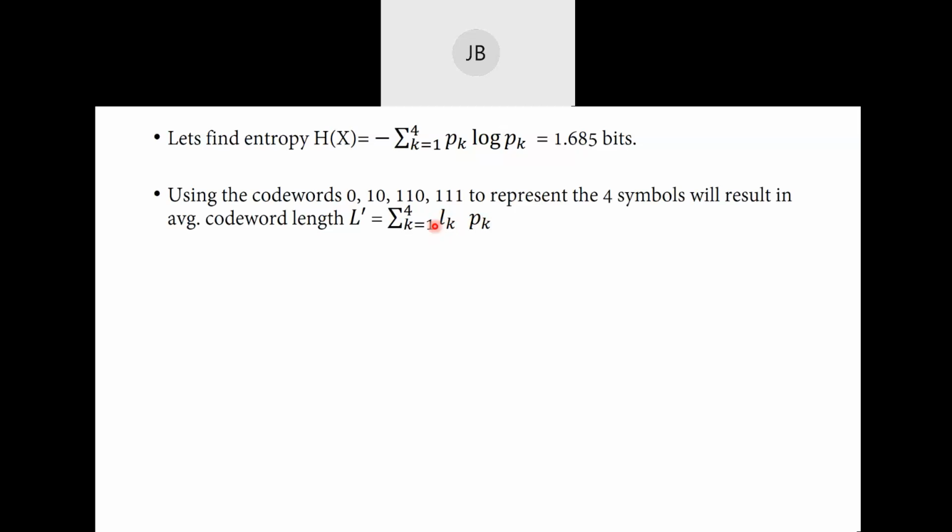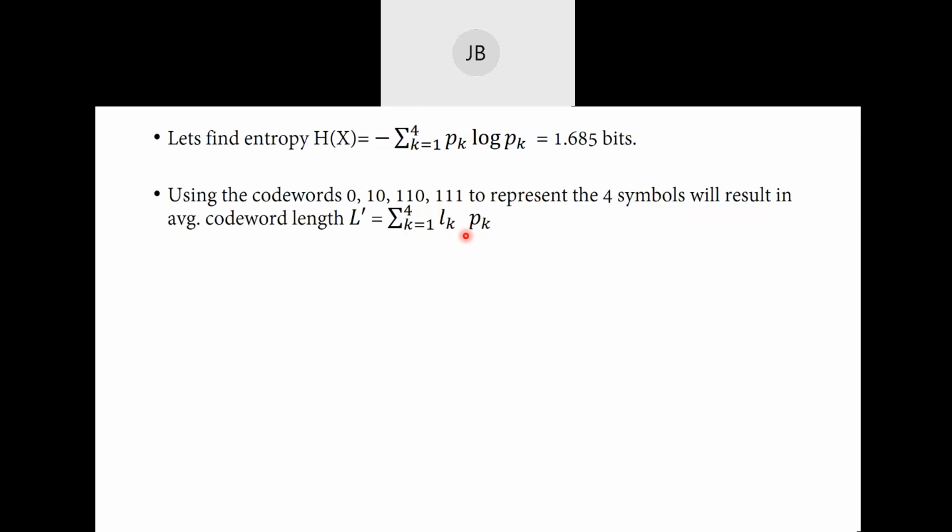For the first symbol, the code word length is 1 because it has only one bit, multiplied by its probability, 0.5. For the second, the code word length is 2, multiplied by the probability of the second symbol. Similarly, for the third one, we have the length as 3 bits and its probability. You can go back and check the given question. We have all the probabilities. You need to substitute them here and find the summation of these values.